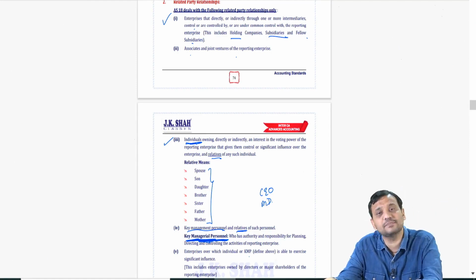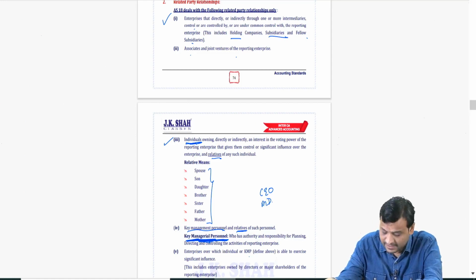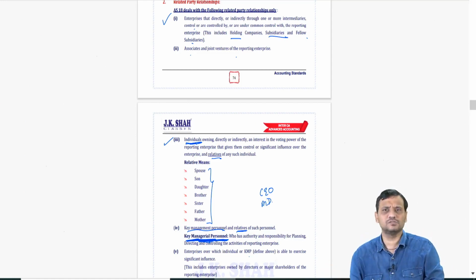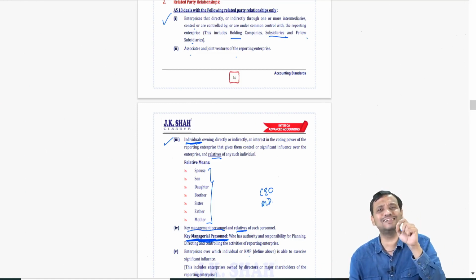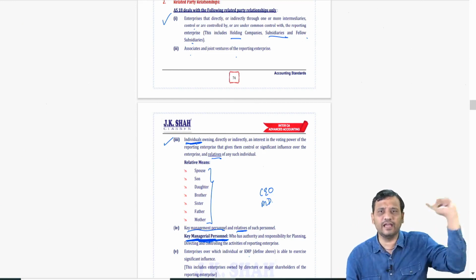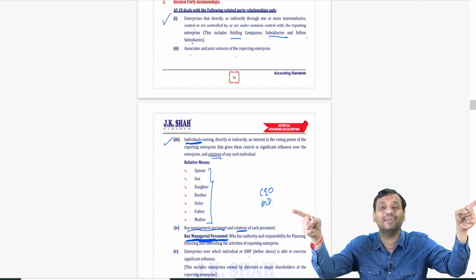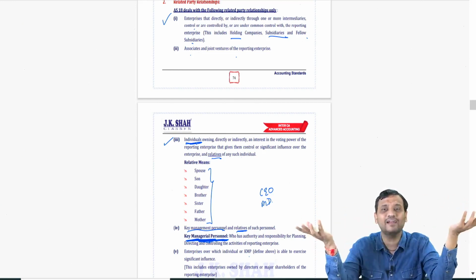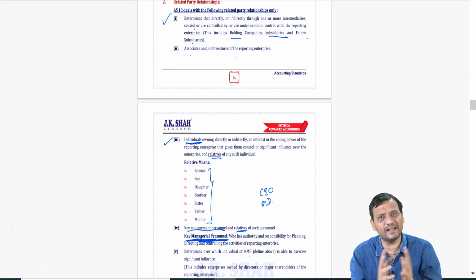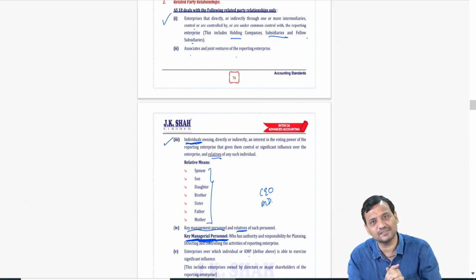Now what is this exception? Number 1 exception is nothing but this: just because we have one person who is a director in A Limited as well as B Limited. I am director in A, I am director in B. That does not make A and B related because I am a director. I am not KMP. I am a director, common director, independent director, non-executive director you can say.